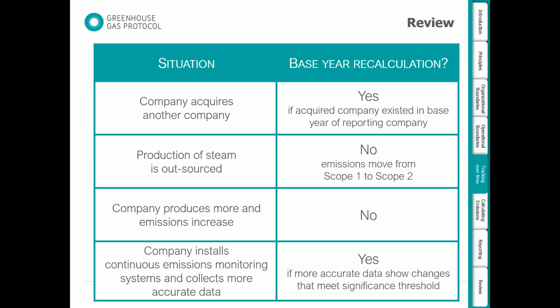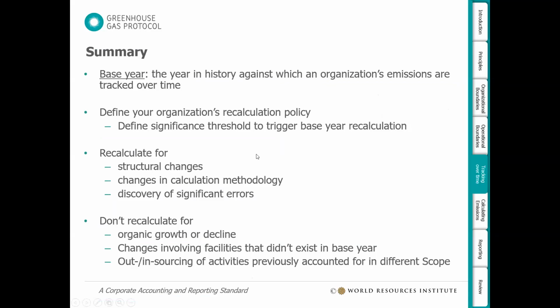Okay. So in summary, the base year is the year in history against which an organization's emissions are tracked over time. Companies need to define a recalculation policy, which essentially means that they need to define a significance threshold to determine when recalculations are needed.